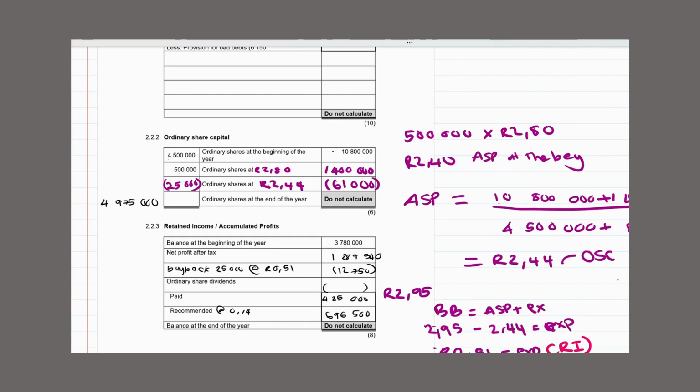Never forget that your total buyback amount won't go into your ordinary shares unless they say the buyback was at the average share price. We bought it back at the same price as the average share price. Otherwise, we need to do buyback equals average share price plus the expense, and the expense is how much more than our average share did we pay.